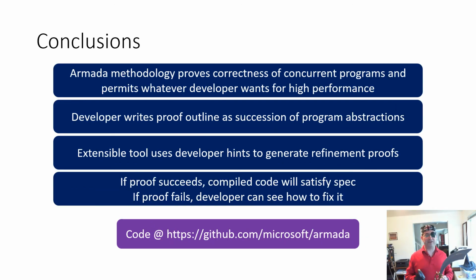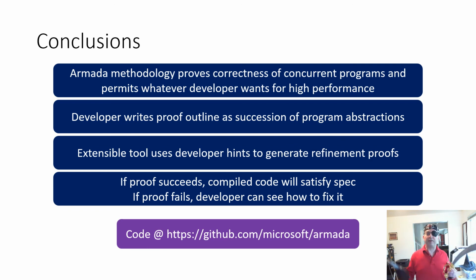So, in conclusion, Armada's methodology allows developers to write and prove correct high-performance concurrent code, however they want to achieve that high performance. The developer makes a proof by providing us guidance in the form of a sequence of successive abstractions of their program leading to the specification, and we automatically generate a proof that is checked by an automated theorem prover.